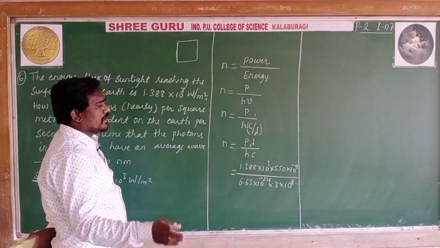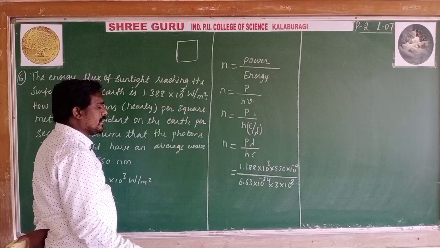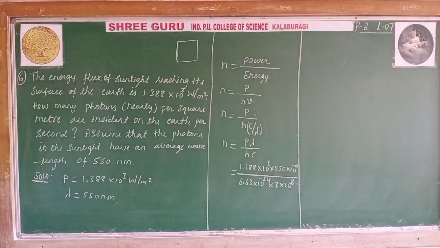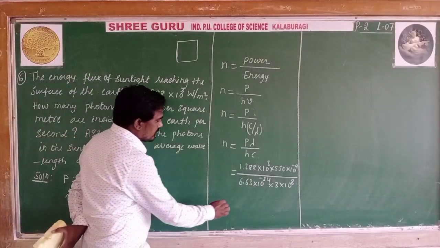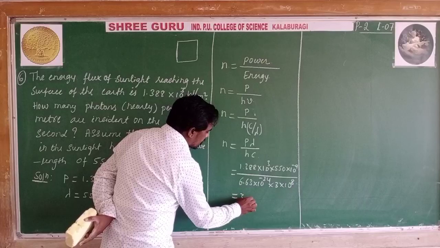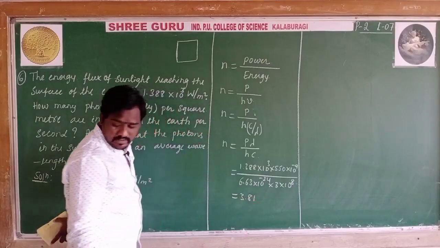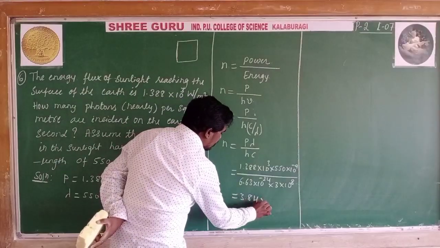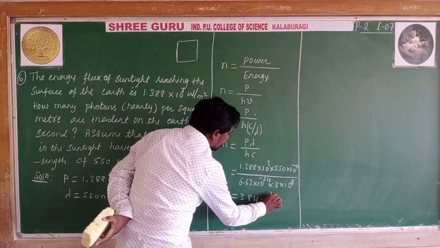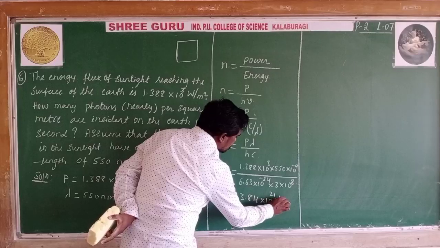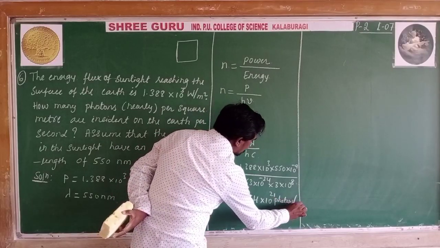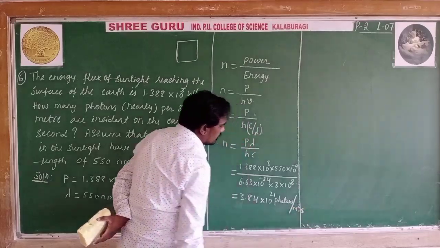Plus 29 minus 9, it becomes 10 to the power 20. Now they calculate the remaining thing. The ultimate answer is 3.84 into 10 to the power 21 photons per meter square per second.